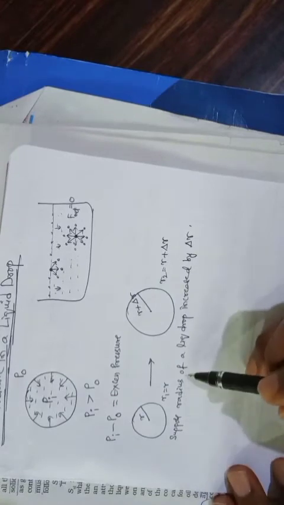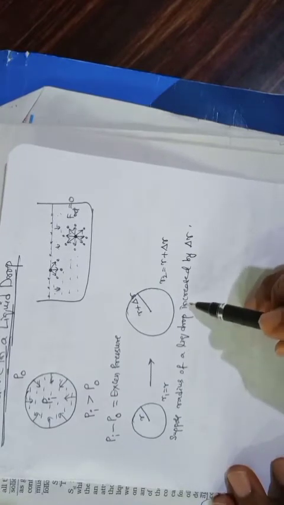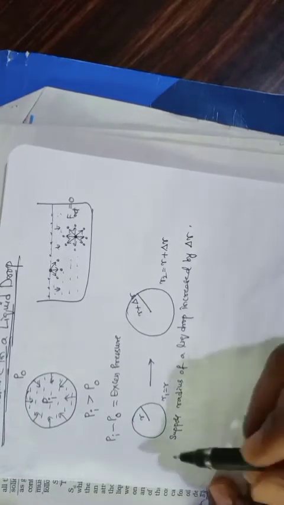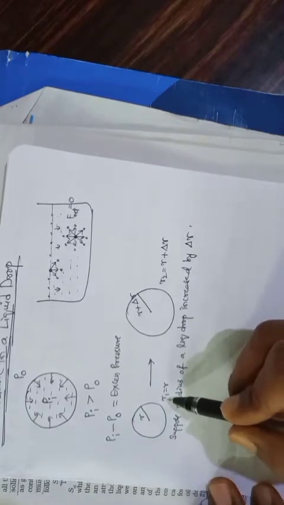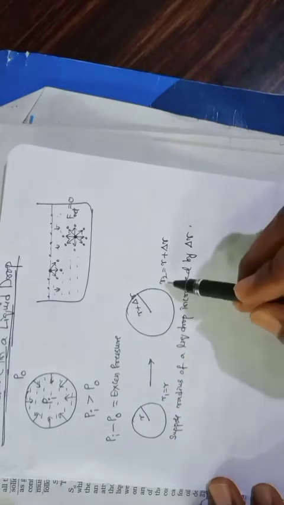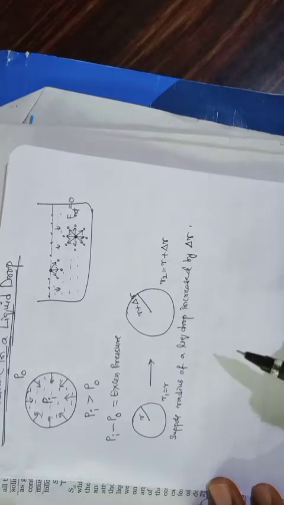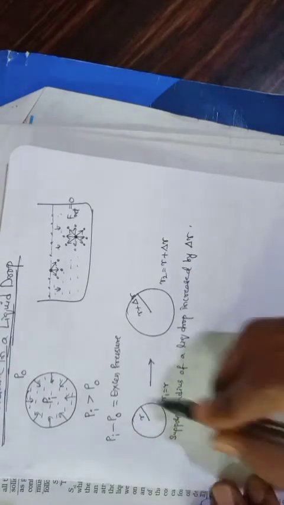Suppose the radius of a liquid drop is increased by delta R. Now R1 is equal to R, R2 is equal to R plus delta R. Now let us find the initial surface area.